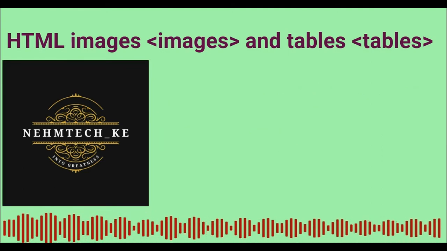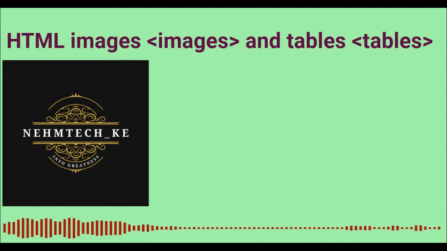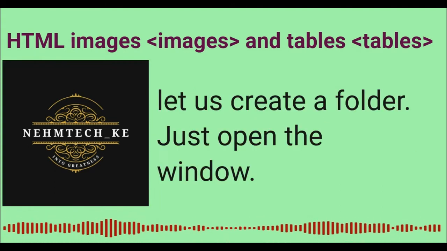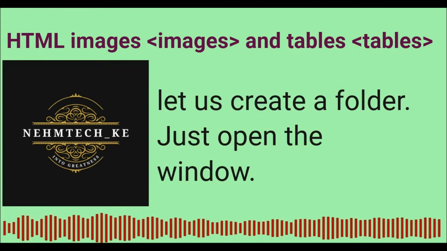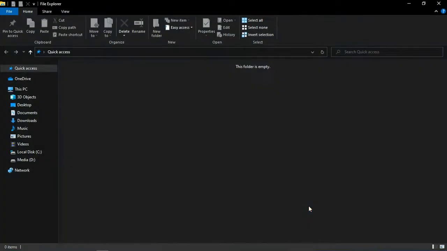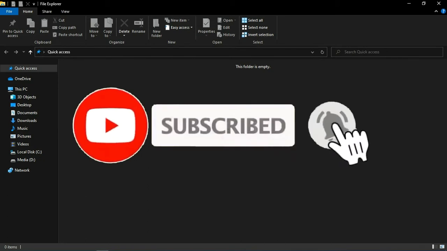So, guys, before we get started with coding, before getting to our text editor, first of all, let us create a folder. Just open Windows Explorer, Windows logo plus E, and go to the place where you can access your files easily.